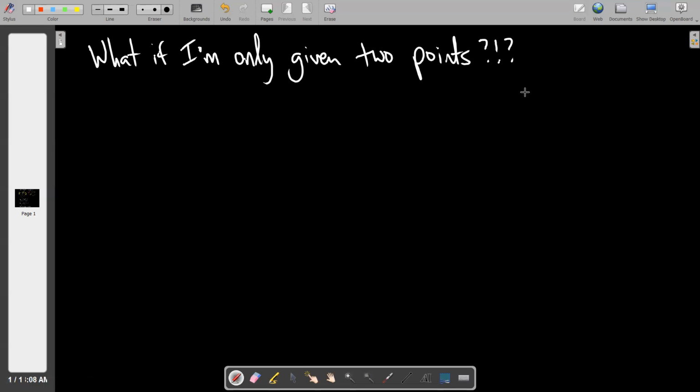Now, based on the last 5 minutes of this class, I hope you can answer this question. What are the two things that we need to write the equation of a line? We need a point and a slope. Very good. We need a point and a slope. And that's pretty self-explanatory. It's point slope form, right?